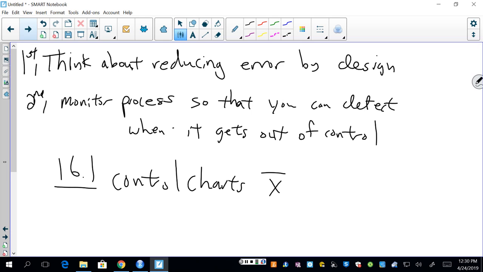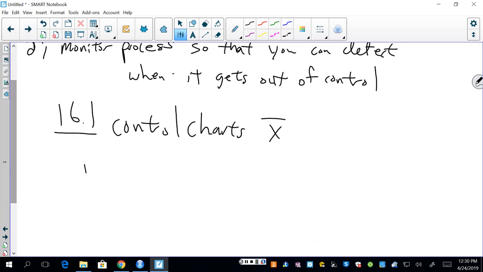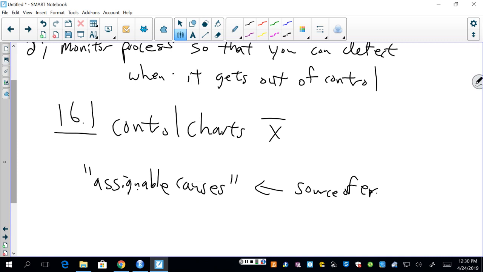The book uses a phrase, assignable causes, for when you're looking for a source of an error. The idea is we're going to monitor the average results of a process as it's going along. We have certain ranges that we think are acceptable.